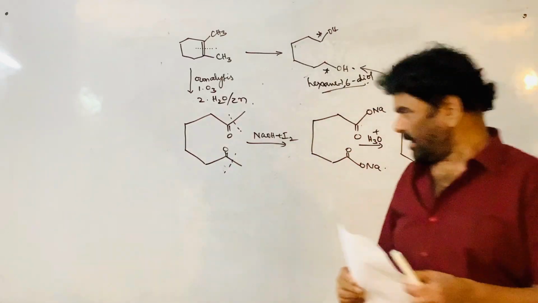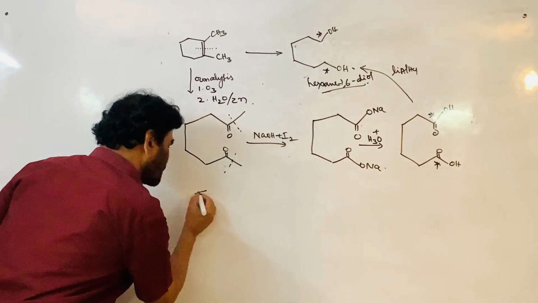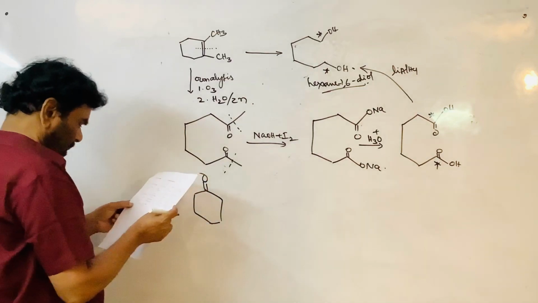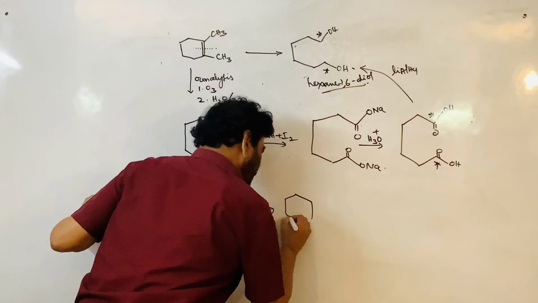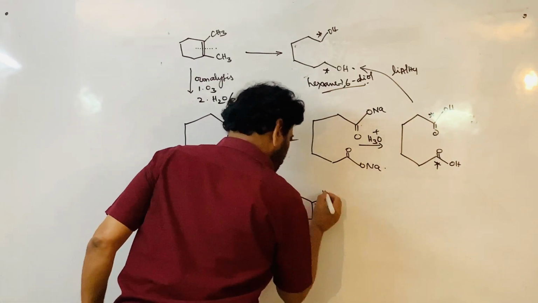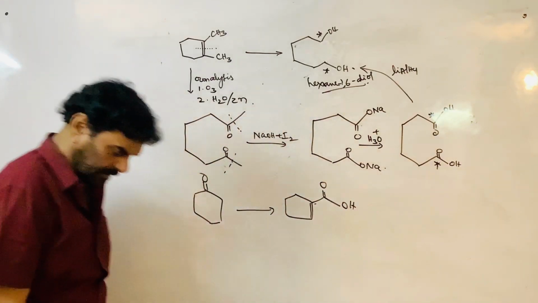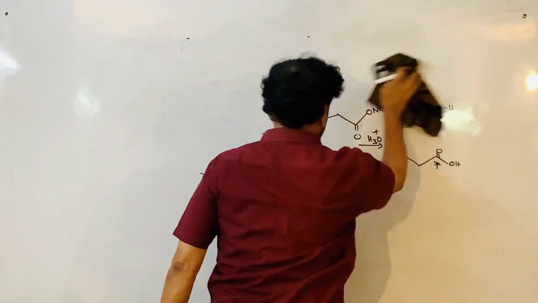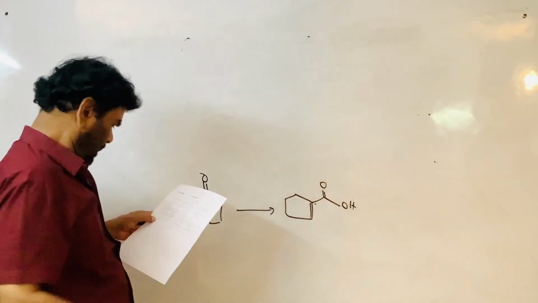And the fifth one is an aldol condensation. Here what we do is cyclohexanone to cyclopentene carboxylic acid. Here, what happens?